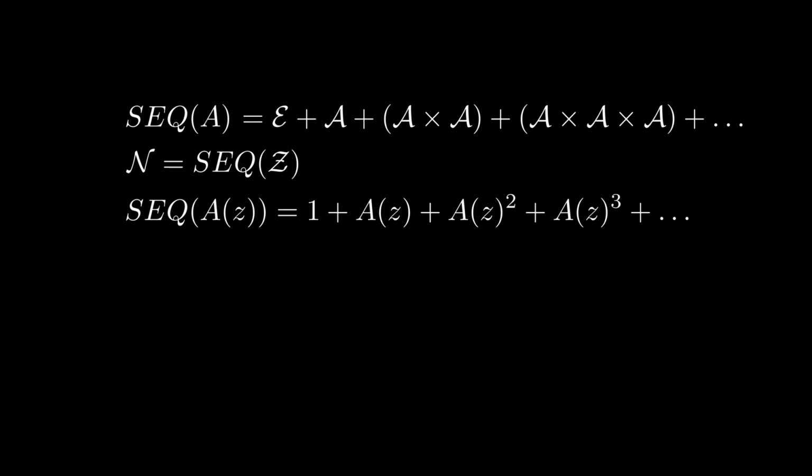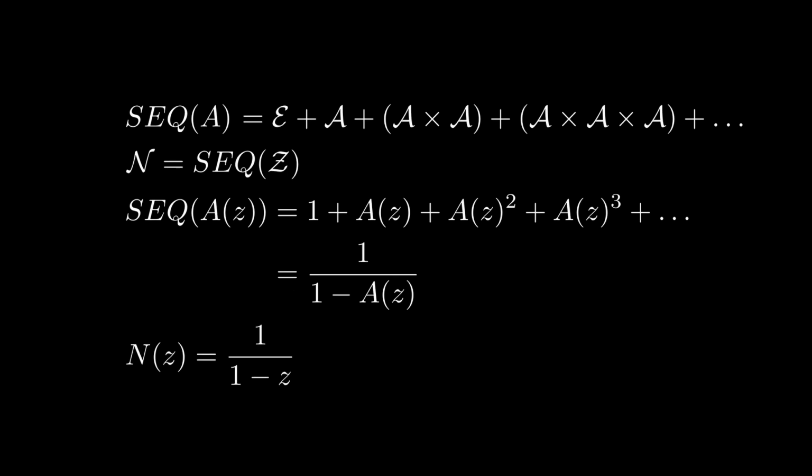Furthermore, since we require that script A has no objects with weight 0, A of 0 equals 0. Since A is continuous, this tells us that for sufficiently small values of z, A of z is less than 1. Then we have that seq of A of z equals 1 over 1 minus A of z. Indeed, in our earlier example, N equals seq of z, and the generating function N equals 1 over 1 minus z.